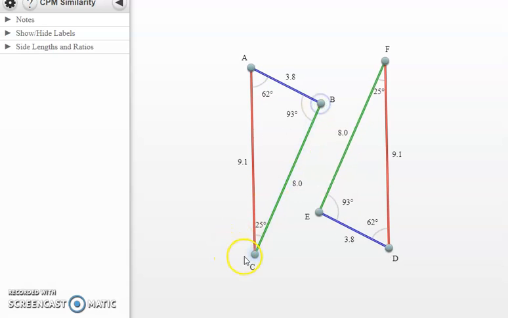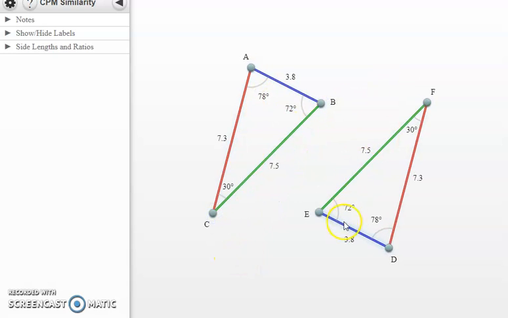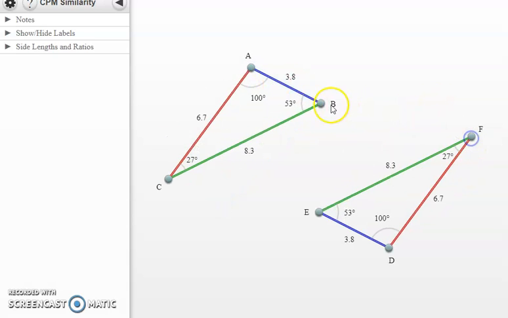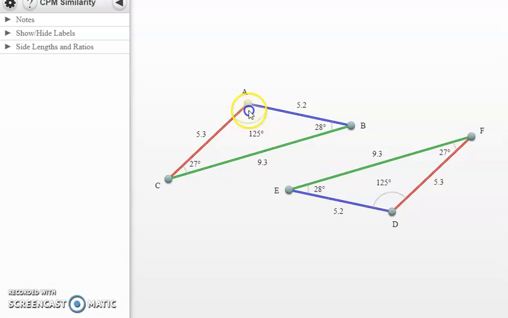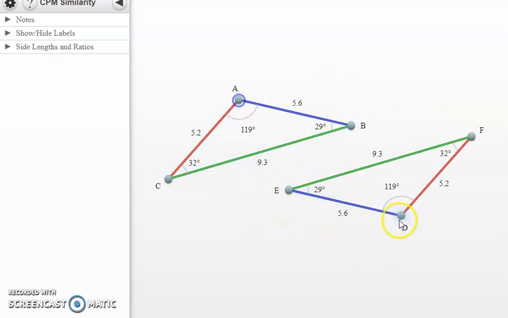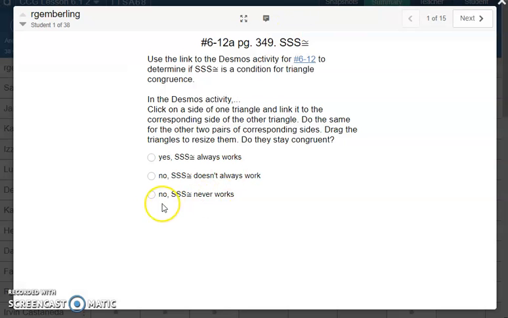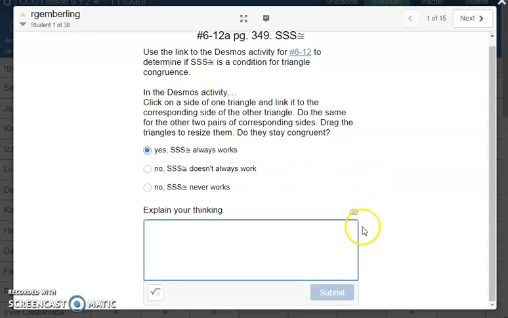remain congruent? So we do have the same angle measurements, the side lengths remain the same, the shape remains the same. So it appears, just based on everything here, that the triangles are always the same. So we're looking at similar triangles based on the angle measurements and shape.